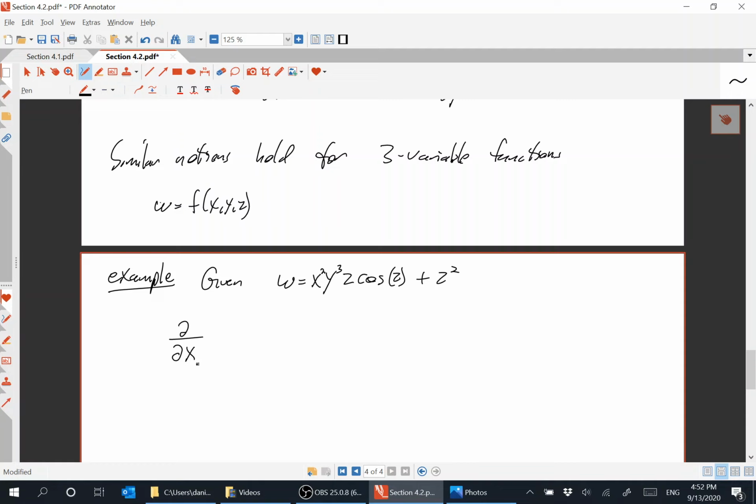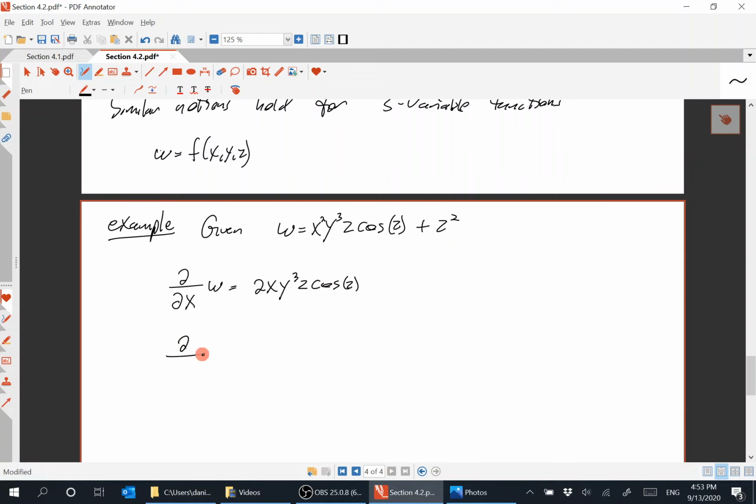I find that it works out better. The partial derivative with respect to x of w. So here, y is constant, z is constant. Just x is the variable. So it's going to be 2x, derivative of x squared is 2x, times this constant, y to the third z cosine z, plus 0.